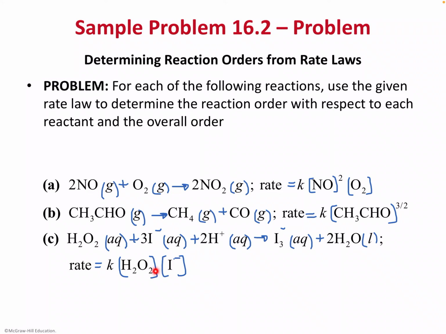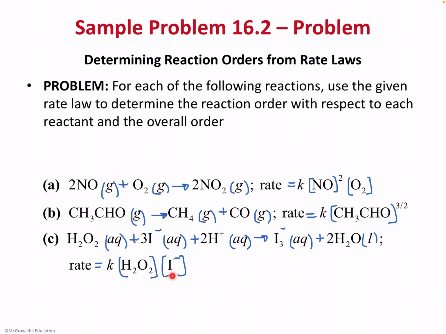Now let's see here, H2O2. With respect to H2O2, what is the order of the reaction? It is 1. Remember, the 1 is normally not written. So with respect to hydrogen peroxide, first order. What about the iodide? Remember, this 3 is the coefficient. Normally we don't write it. So it's 1 here, which is not written.